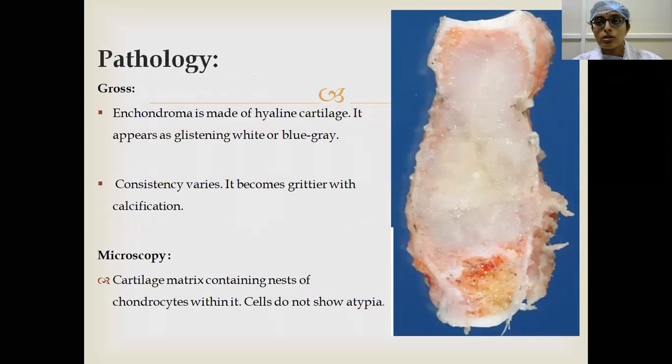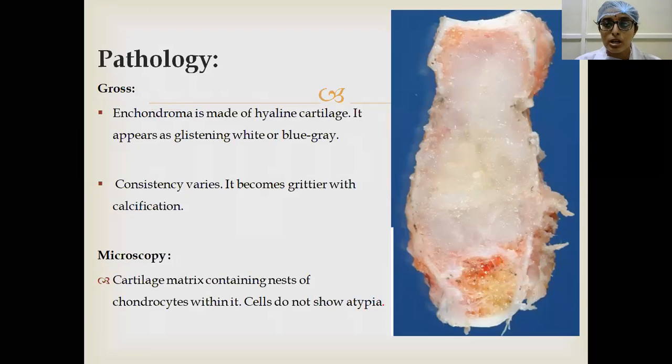If the enchondroma is soft and without much calcification, it can be broken like chalk. Sometimes its consistency also varies. It is made of hyaline cartilage, and it is glistening white or bluish gray in color, as any cartilaginous tissue.